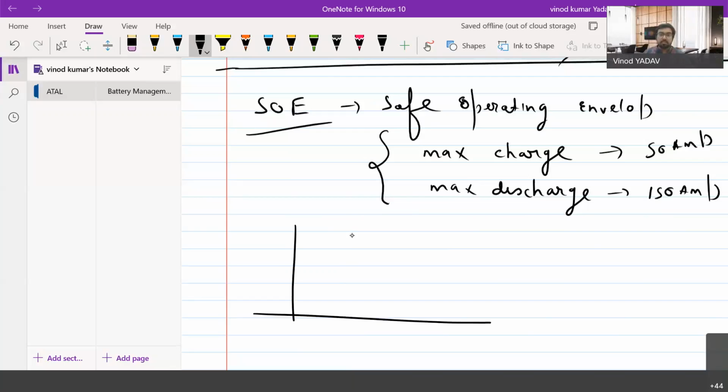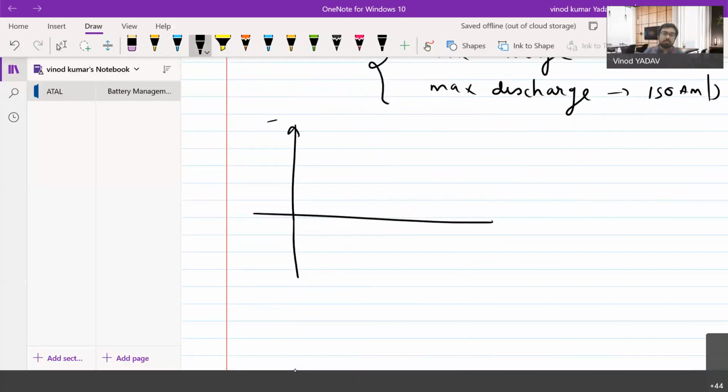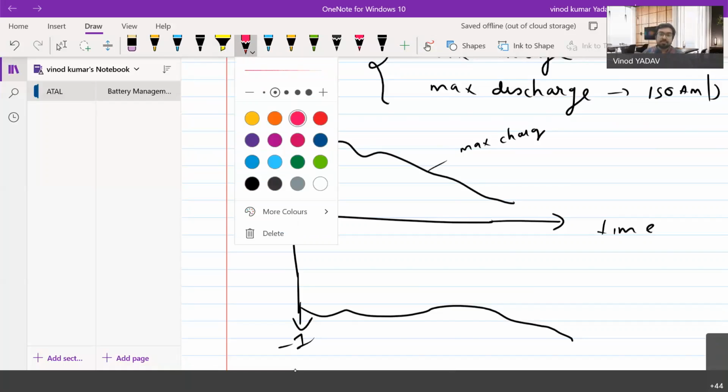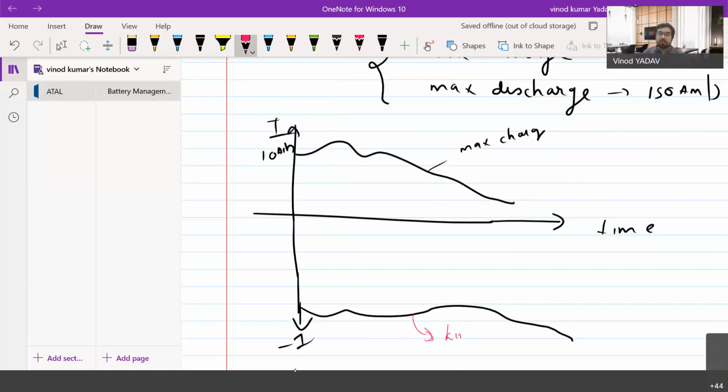To understand it in a better way, let's just say I draw a plot between current and time. Suppose this is the 10 ampere. This describes the limit for maximum charge current. And suppose I'm taking the negative current. This defines the limit for maximum discharge current.